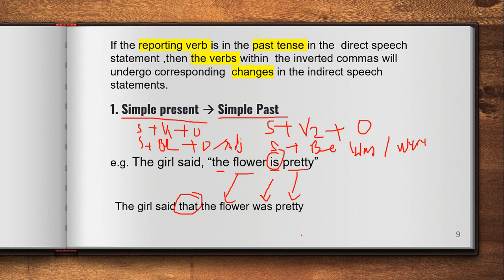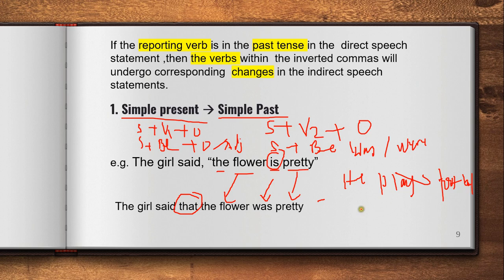So what about this one, guys? "He plays football." Sorry, my handwriting is so bad. All right, so "he plays football." Remember, we can put "the girl said, he plays football."